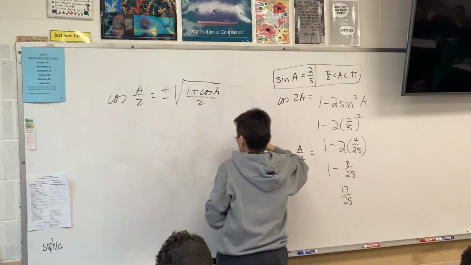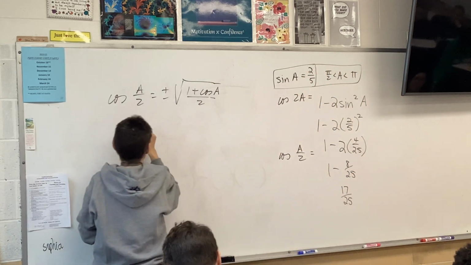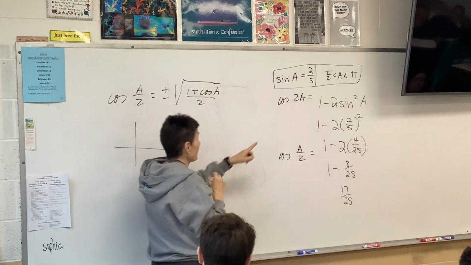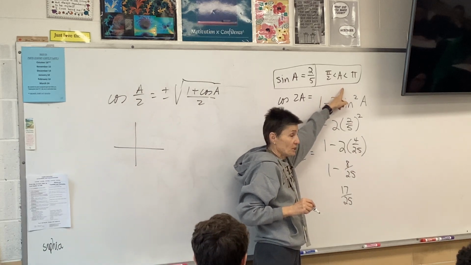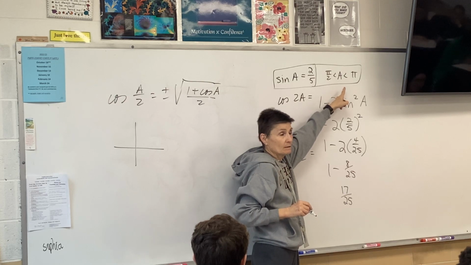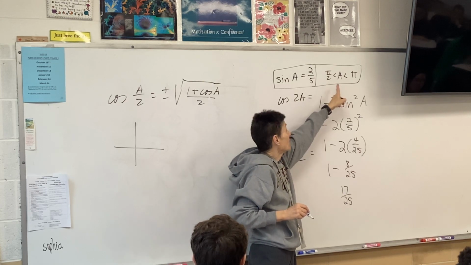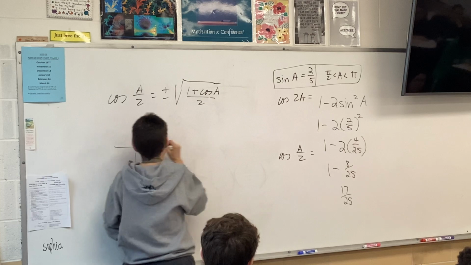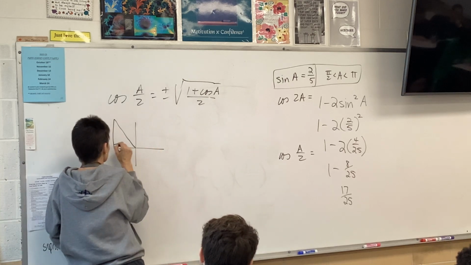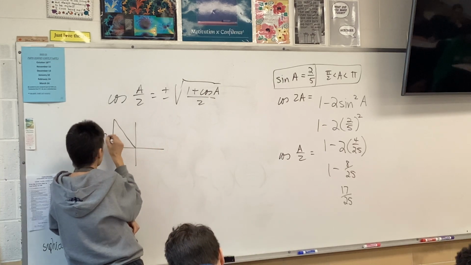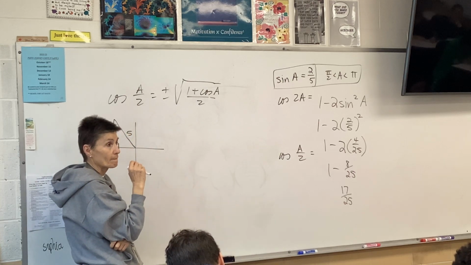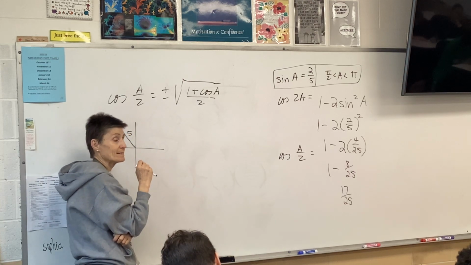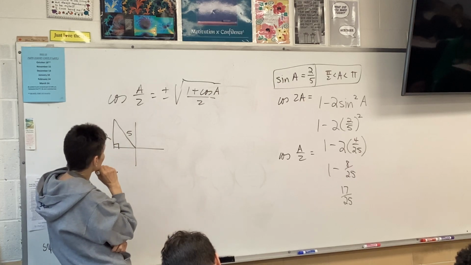So for this one, I am gonna draw a picture. And where am I gonna draw my picture? Which is? Second quadrant, thank you. And the sine is 2/5, which makes the cosine what?